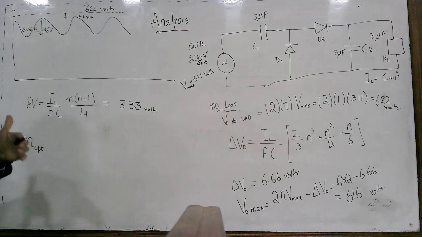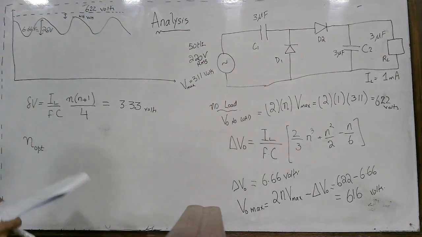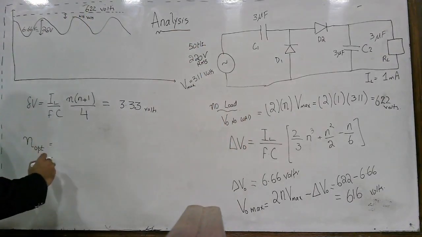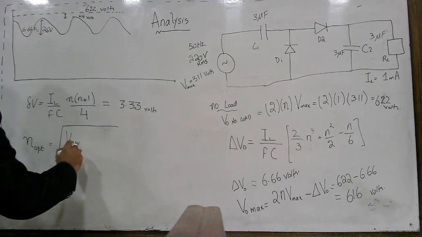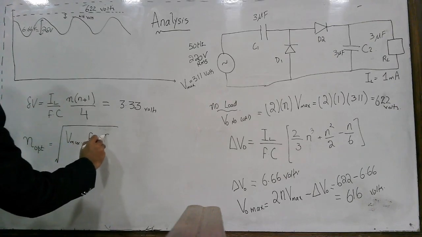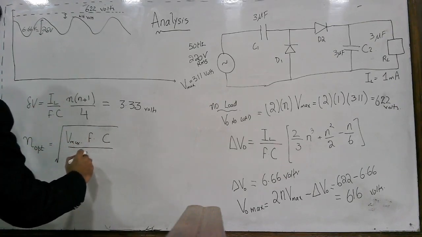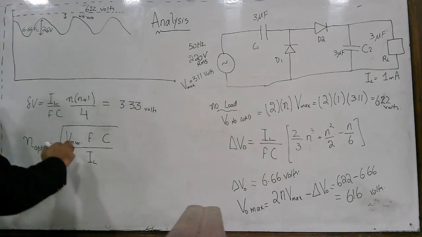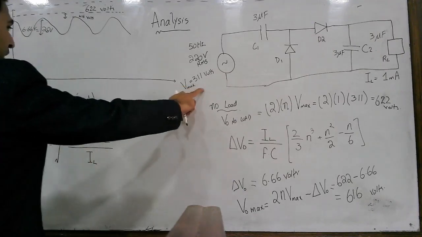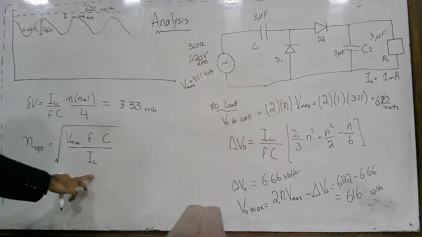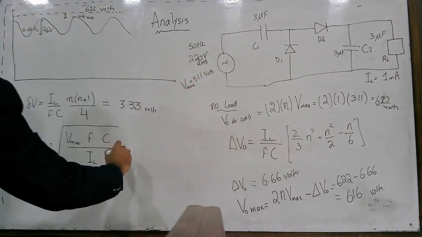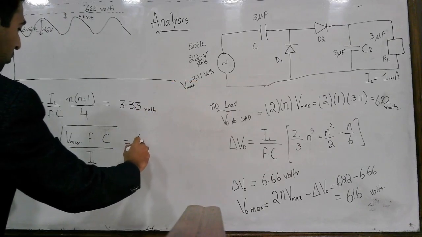You have to find it using this formula: N optimum is equal to V maximum multiplied by the frequency into capacitance divided by the load current. V maximum is 311 volts, frequency is 50 hertz, capacitance is 3 microfarad, IL is 1 milliampere, so it comes out to be 6.8.